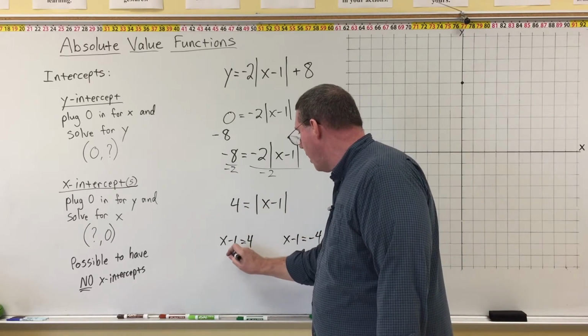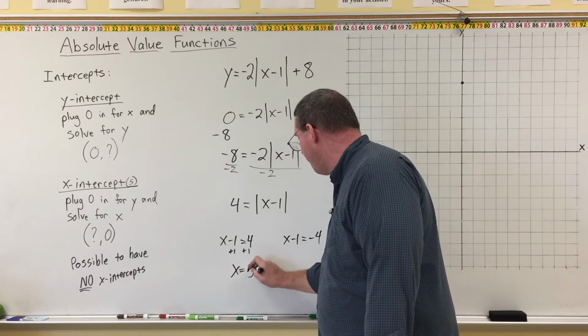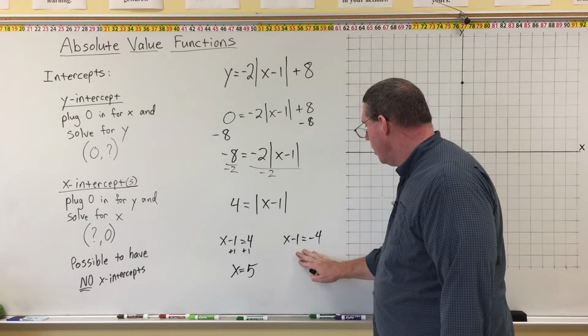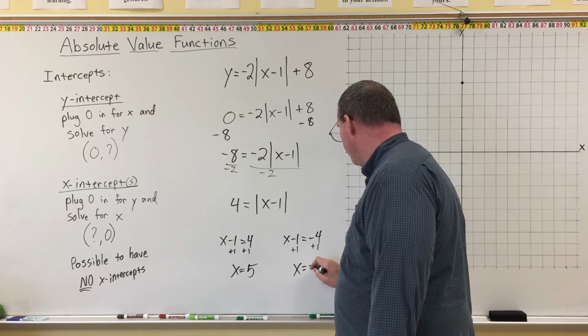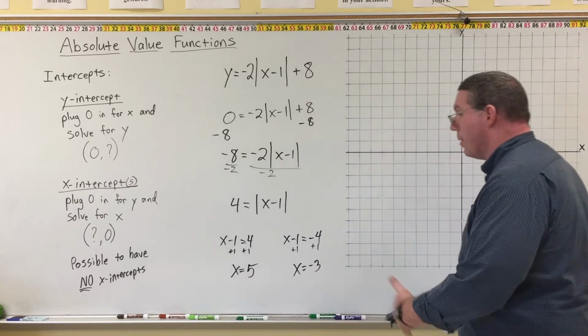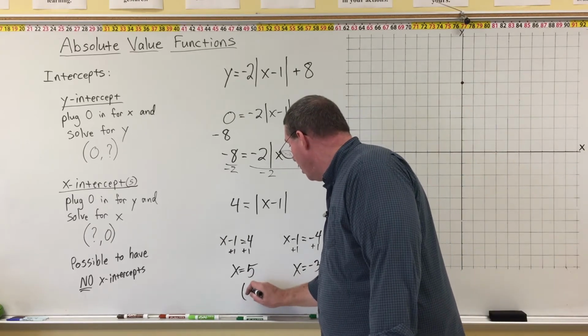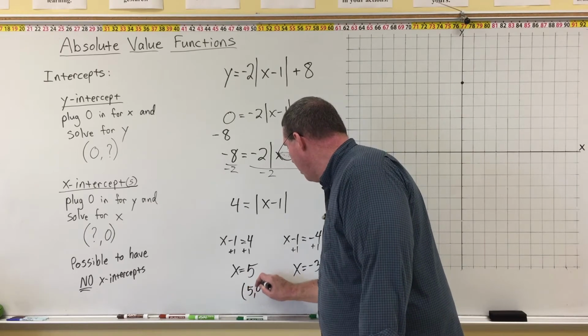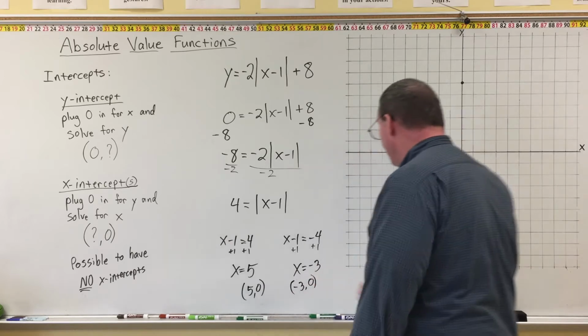Add 1 to both sides, and we get x is equal to 5. And then over here, we add 1 to both sides, and we get x is equal to -3. And so now we have our x-intercepts. Our x-intercepts are 5, 0, and -3, 0, which can be plotted.